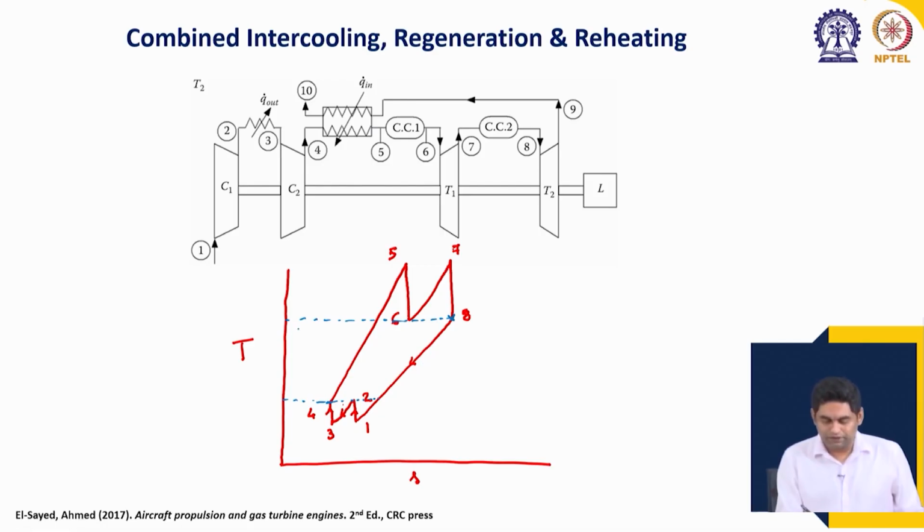So, this temperature difference is very large, which is good because if we add a regenerator, we have a large scope of regeneration. Because the temperature difference is so large, there can be considerable heat transfer from the combustion products at state 8 to the air at state 4. So, if we add a regenerator, there is a distinct possibility that the efficiency of the cycle is going to increase by quite a big margin.